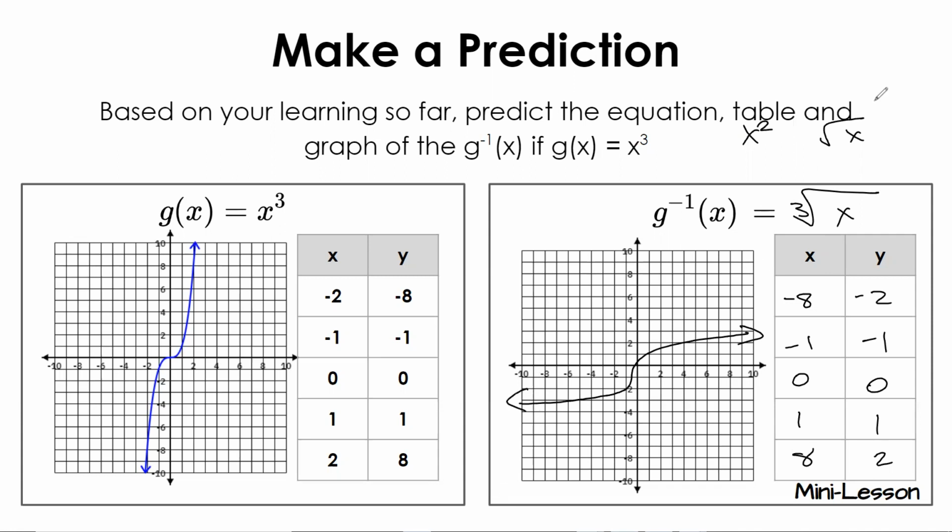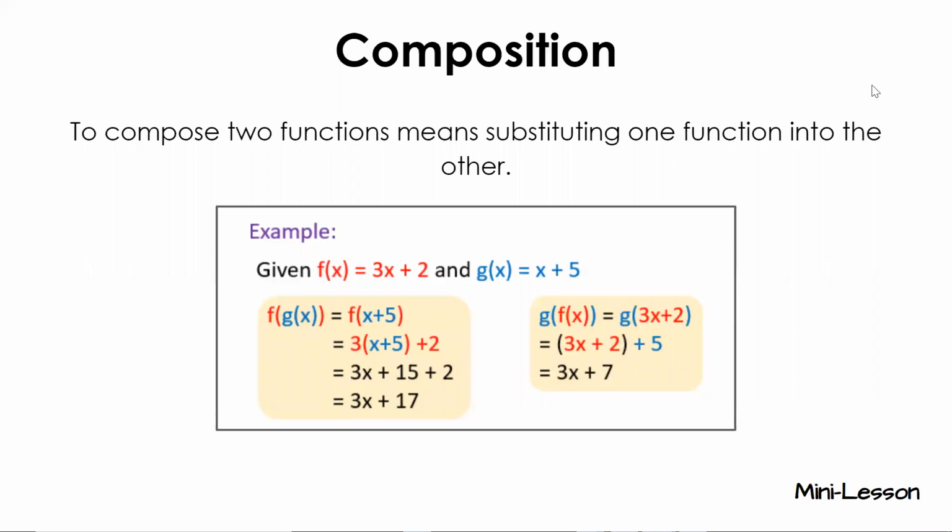All right. Okay, so to compose two functions means substituting one function into the other. So for instance, if I write out f of x, instead of putting this x, I'm going to put what g of x actually is. So I'm going to take g of x and substitute it in for this x.